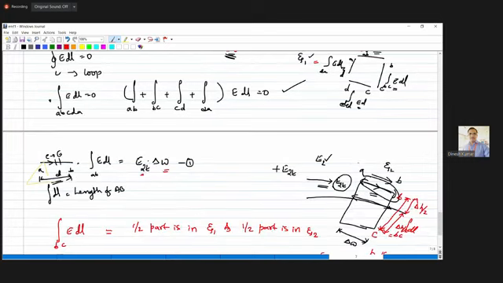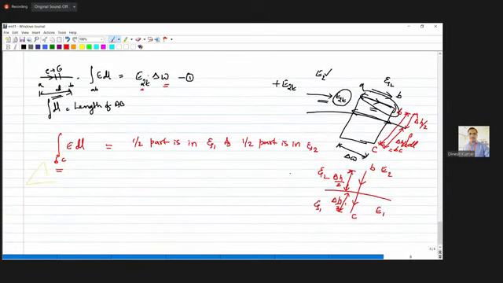So here you have the normal component. See here the line BC is perpendicular to the boundary. Since the line BC is perpendicular to the boundary, it makes 90 degrees here.